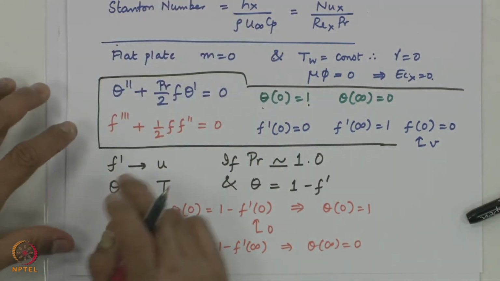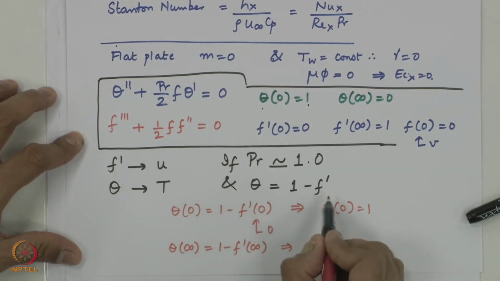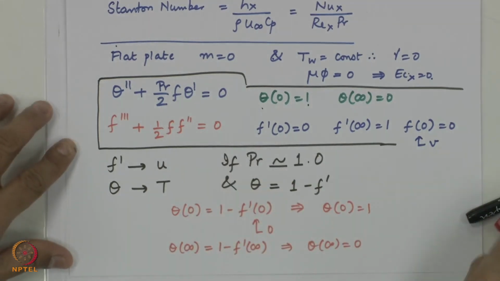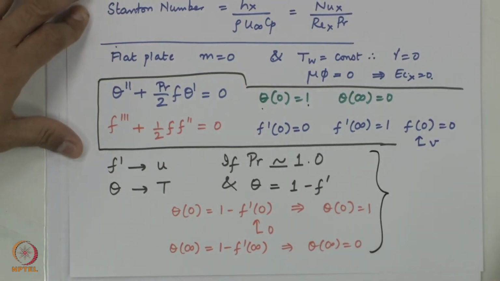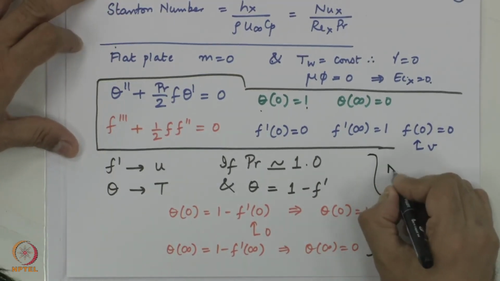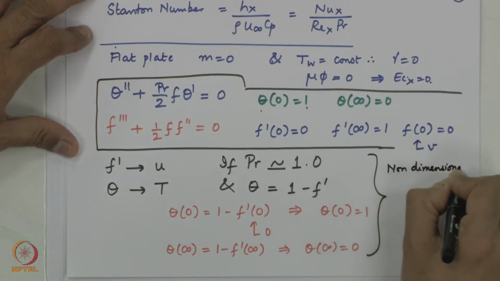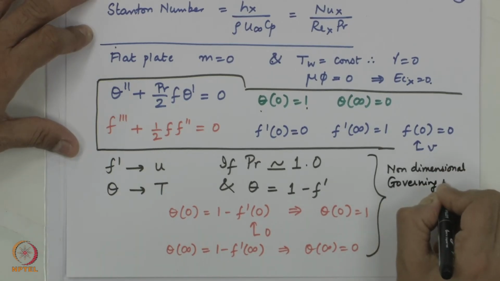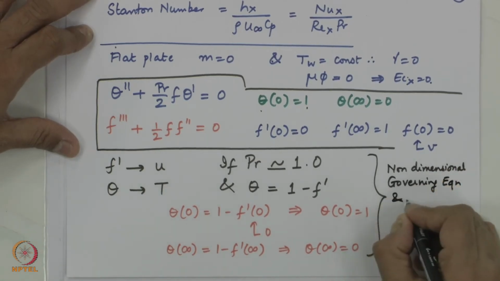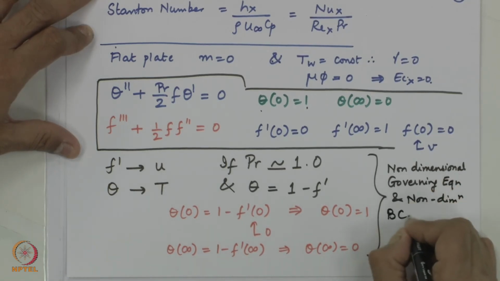So if I define my solution for theta this way, and if Prandtl number equals 1, the non-dimensional governing equation and non-dimensional boundary conditions are identical. I am not saying the dimensional form, please note this very carefully, but the non-dimensional form.